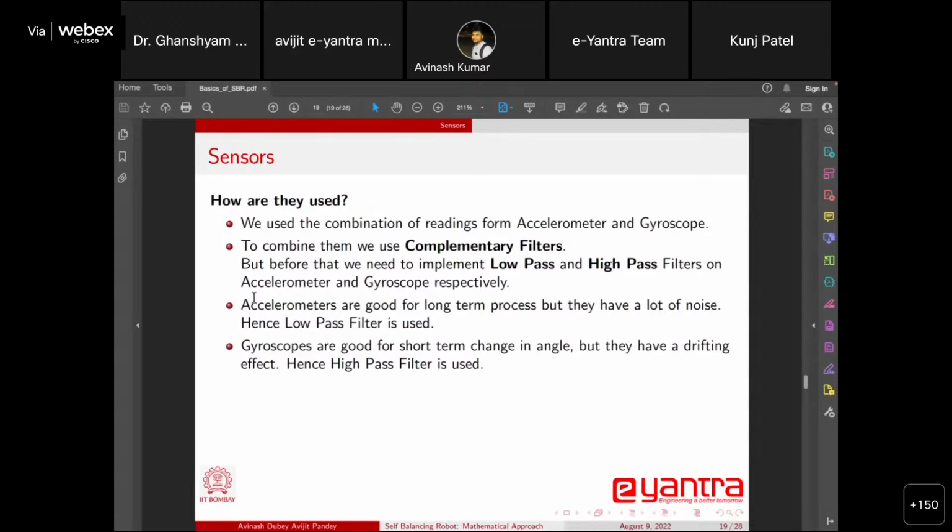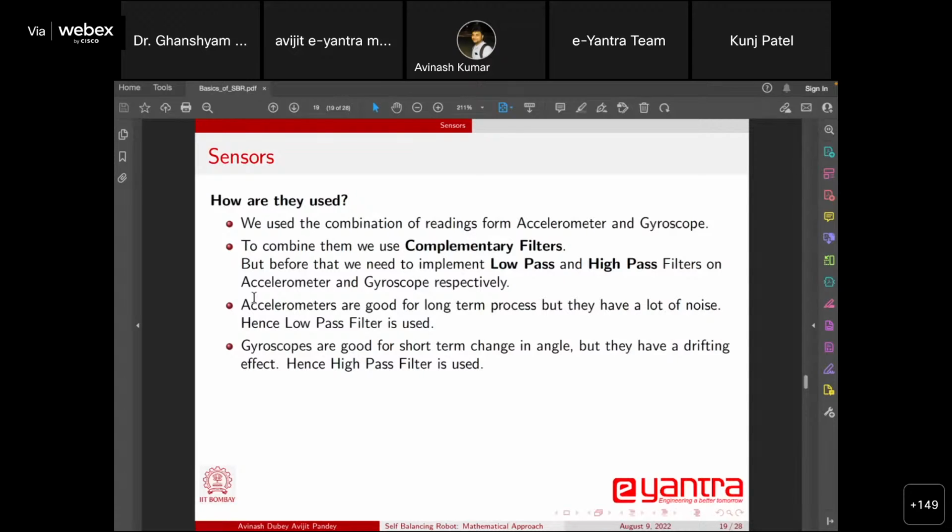So why low pass and high pass for a specific sensor? It is because gyroscope data is very accurate in nature, but it has a drifting effect. If you change the angle of the sensor, it will give us a proper value. But once you stabilize, slowly the gyroscope value will keep on drifting.